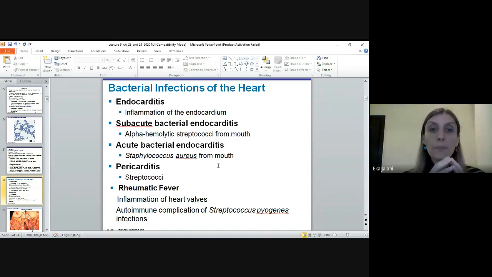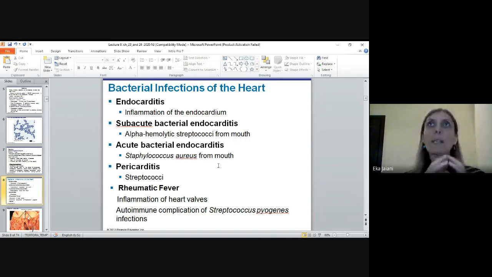When the dentist removes the tooth or conducts some surgical manipulation, these streptococci or Staphylococcus aureus can move to the blood and then to the heart and cause endocarditis.